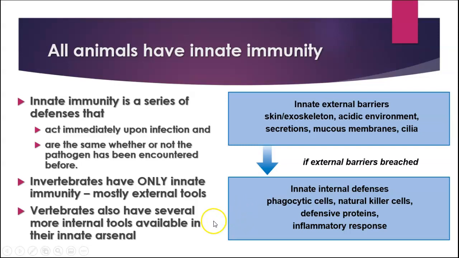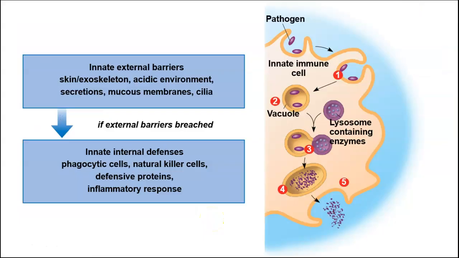Once something gets into the inside, then you start fighting on the inside as well as the outside. Various kinds of cells are present there. Like for instance in this picture, you see a pathogen on the outside. As long as it's outside, it's fine. But once it gets inside, you have some of these cells that can take action.